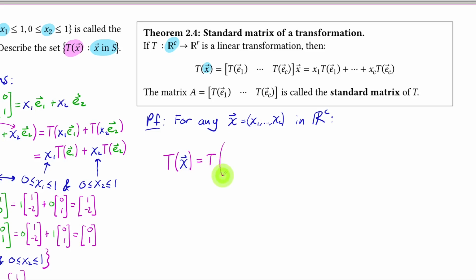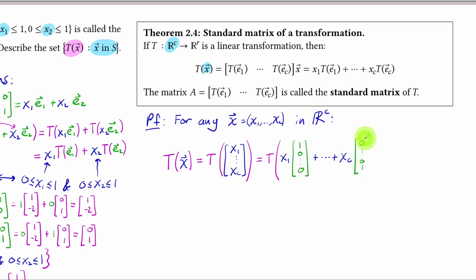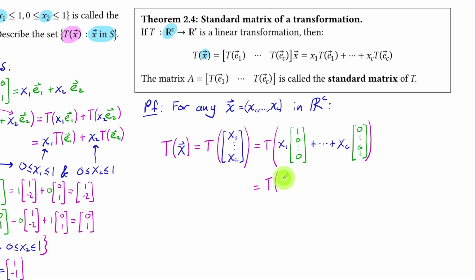Writing x as a vector like so means that we can write it as x1 times 1, 0, 0, plus x2 times 0, 1, 0, and so on, but I'm not going to bother writing that, plus xc times 0, 0, all the way through 1. And this means x1 times e1, and so on, up to xc times ec.